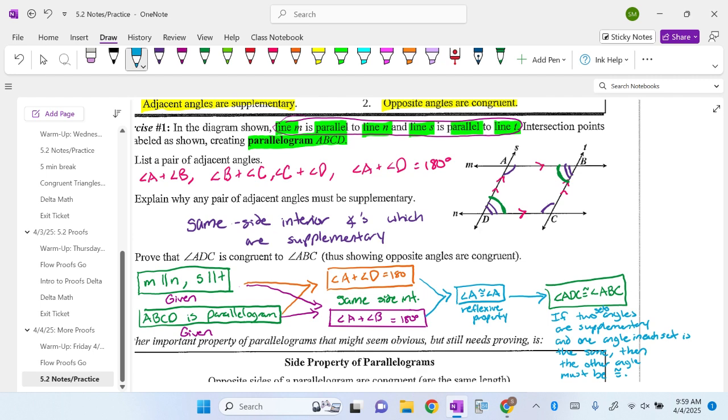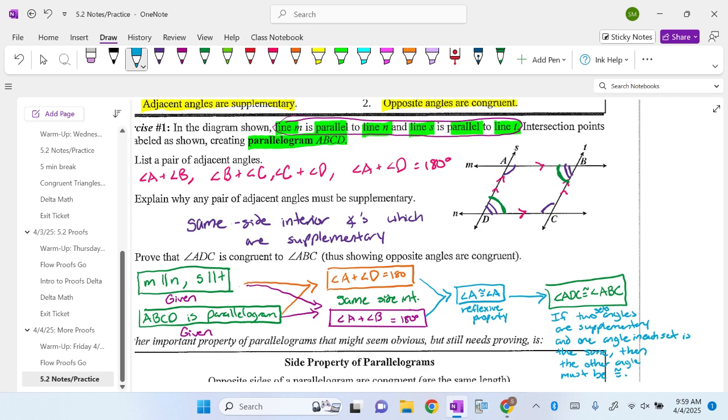Because, for example, if angle A equaled 100 degrees and we add angle A to angle D to equal 180, that means angle D has to be what? 80. Same angle A is 100 degrees, plus angle B has to equal 180, so B has to be what? 80, sorry. So that's what I mean by that.